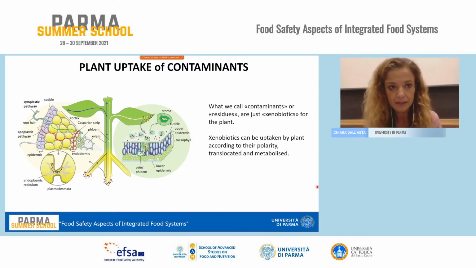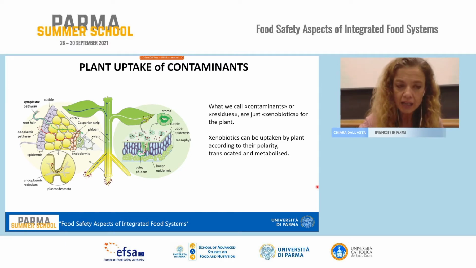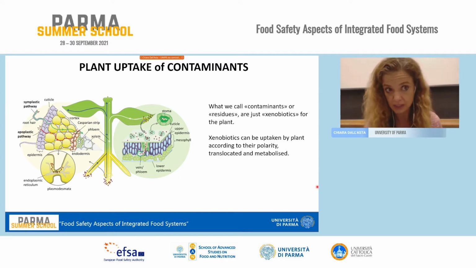They bring these chemicals, and later we will talk about contaminants, within their cells, and they use these chemicals for a large spectrum of biochemical processes. What we call contaminants or residues in the frame of risk assessment are just xenobiotics for the plants.